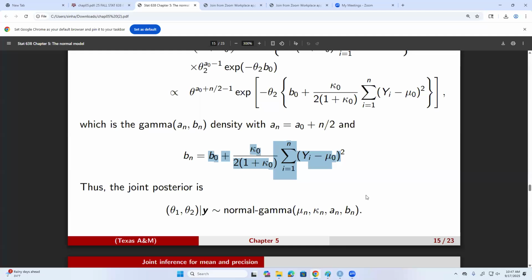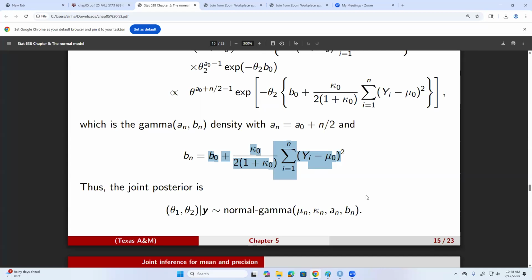So we first sample theta 2, and given the theta 2 value, you sample theta 1, step 1 and step 2, and repeat this procedure many times. Then collect theta 1 values and calculate the average of those theta 1 values. That will be the posterior mean of theta 1. Likewise, you can collect theta 2 values and calculate the average. That is the posterior mean of theta 2.